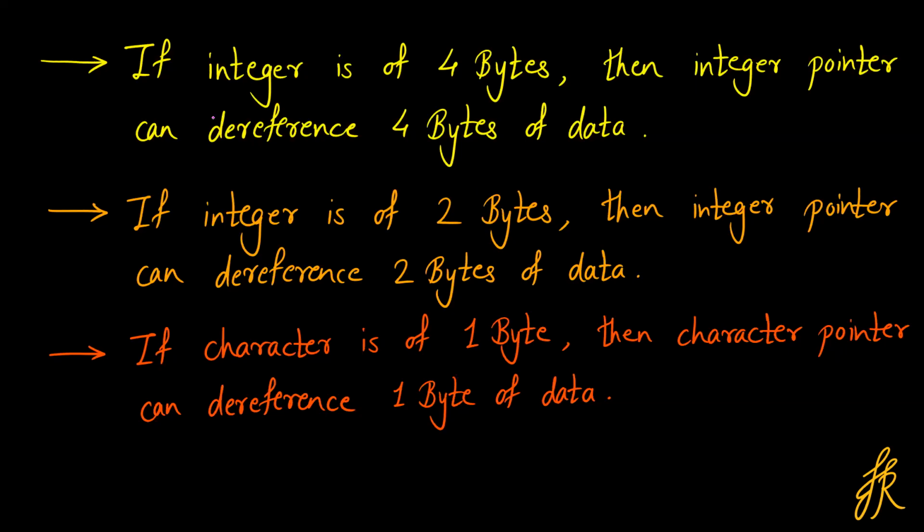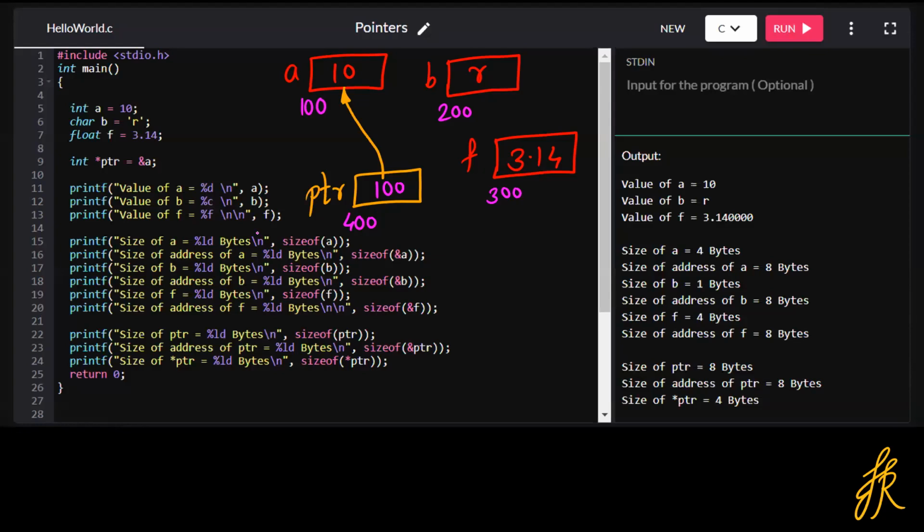So simple. If an integer is of 4 bytes, then an integer pointer can dereference 4 bytes of data. In case an integer is of 2 bytes, then this integer pointer can dereference 2 bytes of data.